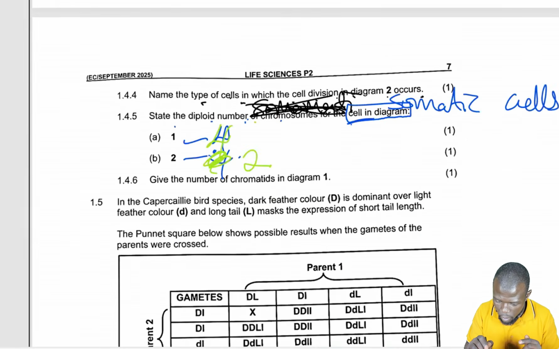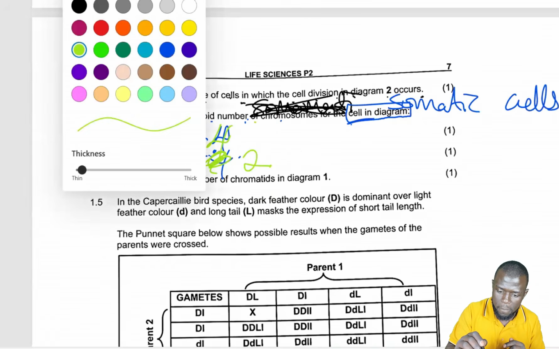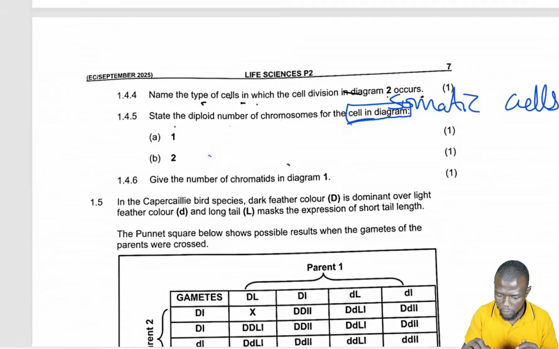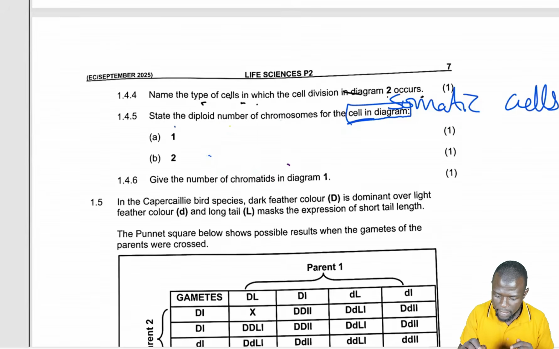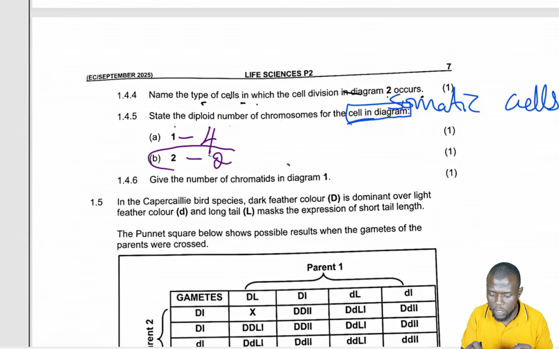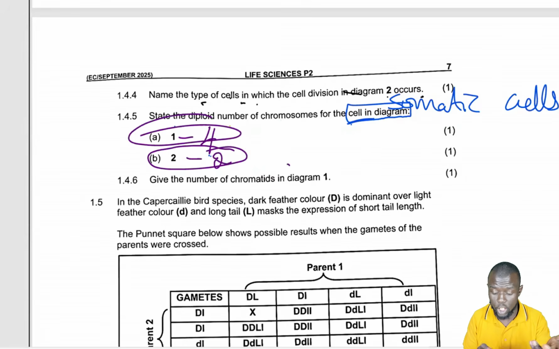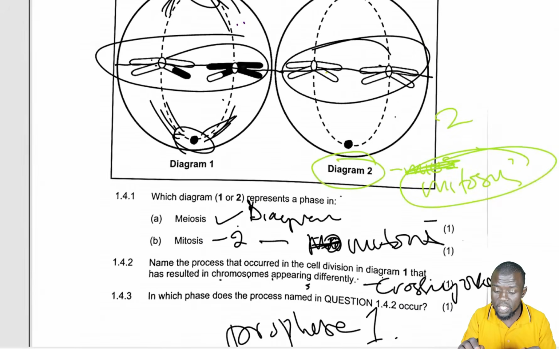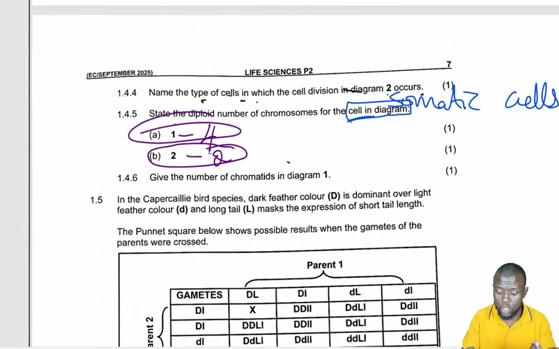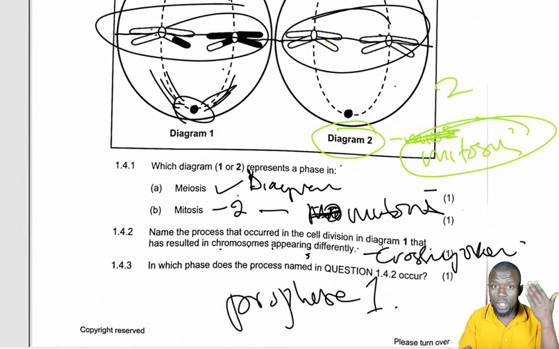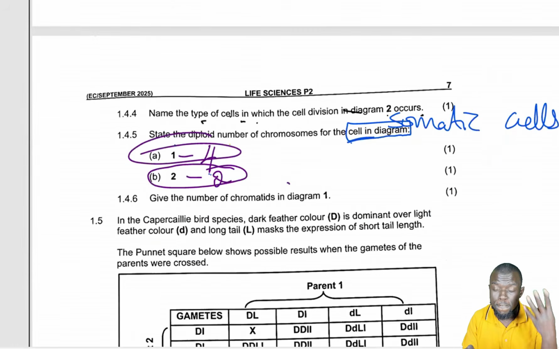So there are 4 here, while here there are 2. Why? Because in mitosis the number of chromosomes doesn't change, while in meiosis the number of chromosomes changes. If you look at this, this is meiosis 2, which means that in meiosis 1 the number of chromosomes divided. Since these are 2, in meiosis 1 there were 4.